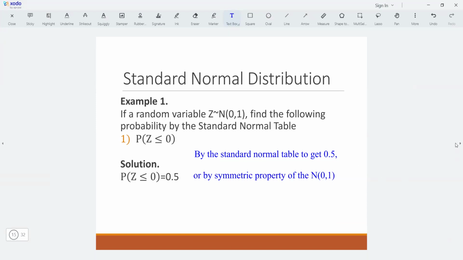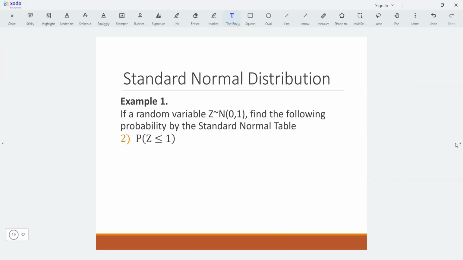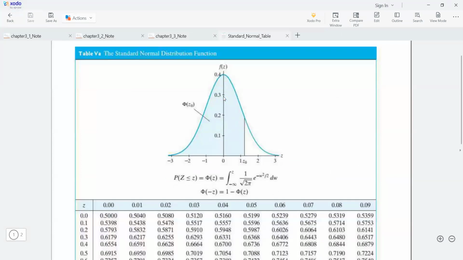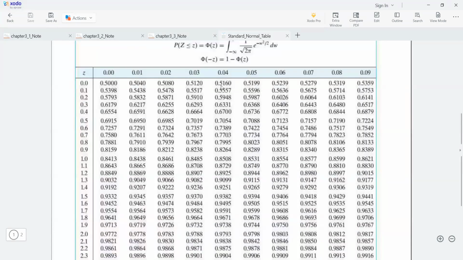Let me move to the second part: find the probability that Z is smaller than or equal to 1. Because this is not about the axis of symmetry, we need to use the table. We need to find the row name and column name whose sum equals 1, and the corresponding intersection inside the table is our probability.